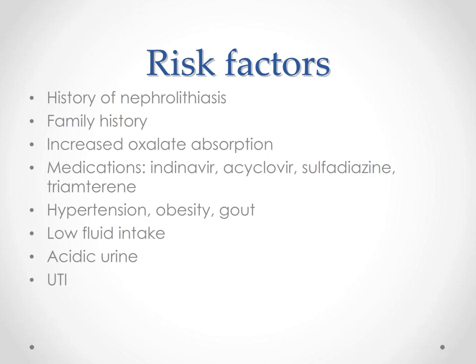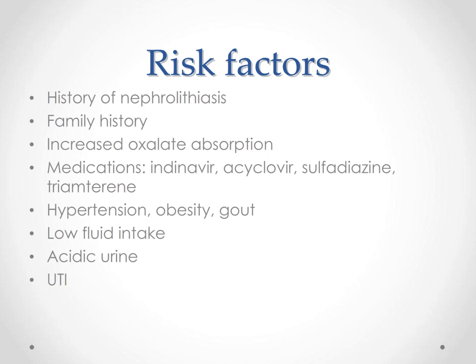The risk factors for these different types of stones are associated with the corresponding stone type. A history of nephrolithiasis, as well as family history, can make one more prone to produce these types of stones. Increased oxalate absorption can increase the production of calcium oxalate stones.